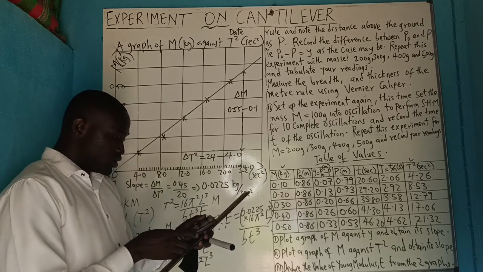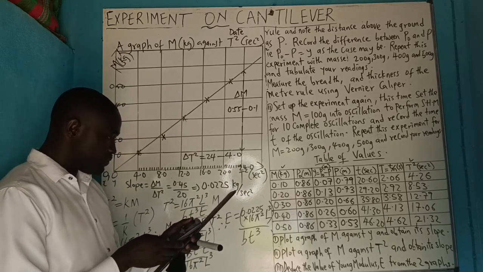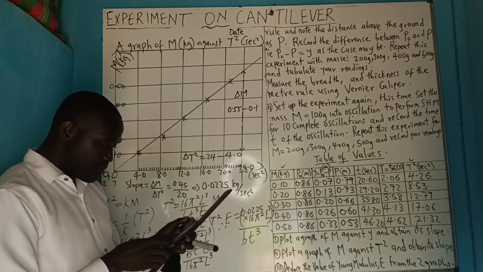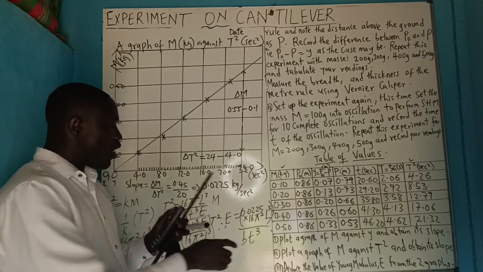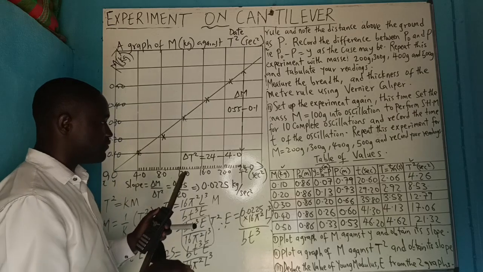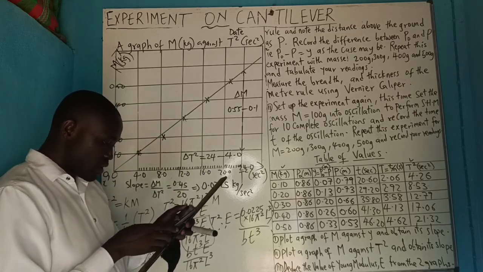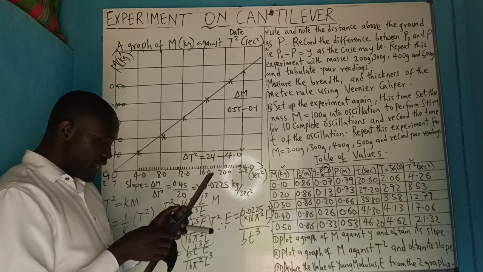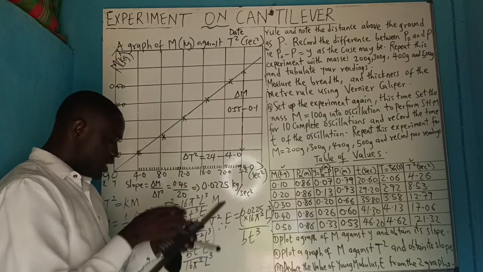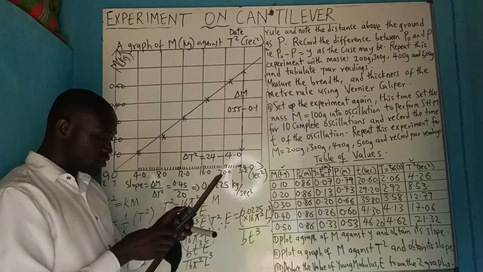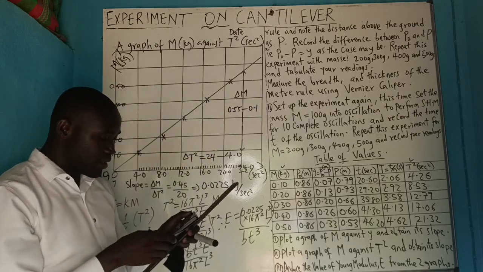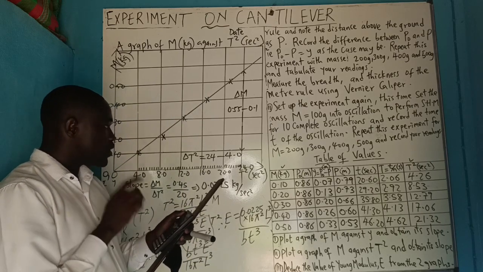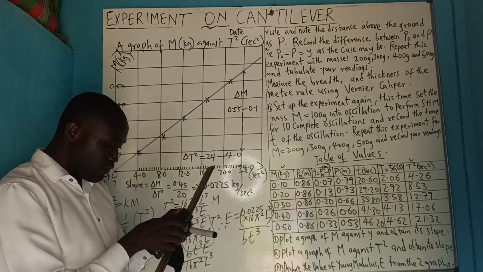We'll use our calculator. 0.0225 times 16 times shift pi squared times our L is 0.75, is constant, 0.75 raised to the power of 3, divided by bracket, our b is 0.025, is constant, we got it using vernier caliper, times our thickness is 0.005, 0.005 raised to power of 3.